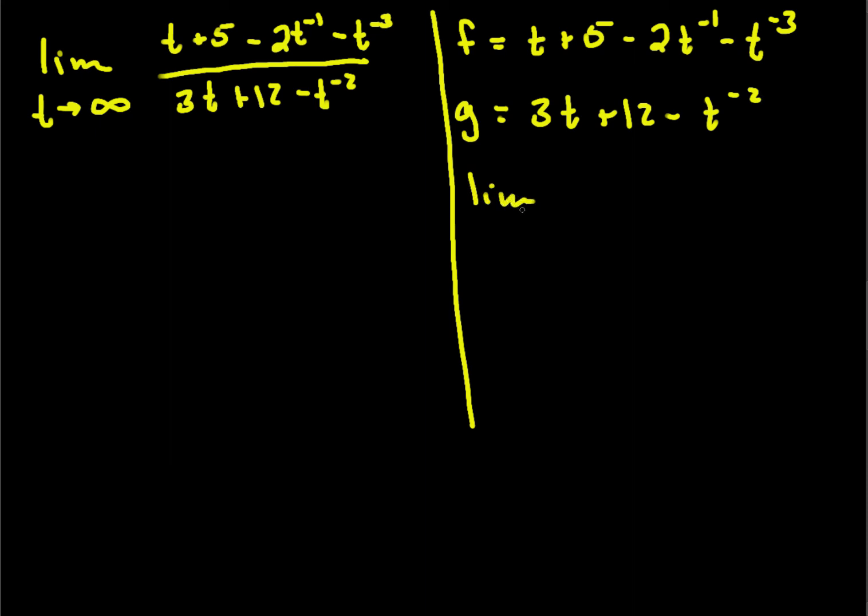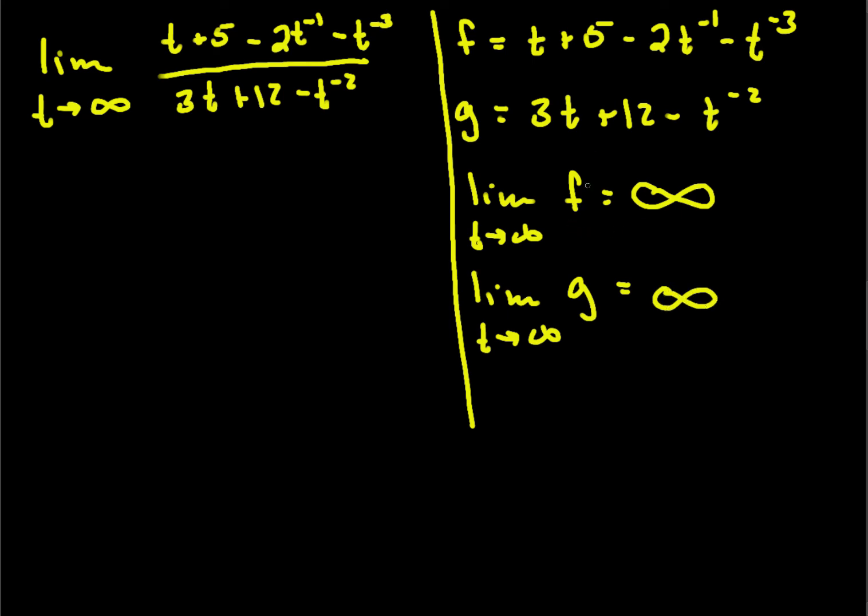So the limit as t goes to infinity of f, well, that's an infinite number. That's finite, so their sum is infinite. And these two are infinitesimal. So this is infinity. Whereas the limit as t goes to infinity of g, well, same thing. 3 times t, if t is infinite, plus 12 is infinite, minus an infinitesimal, this whole thing is still infinite.